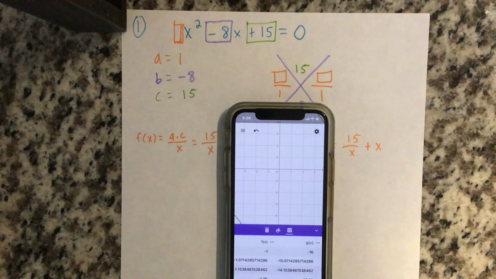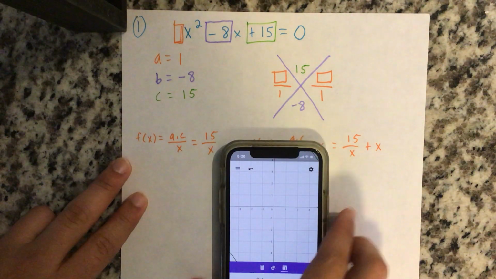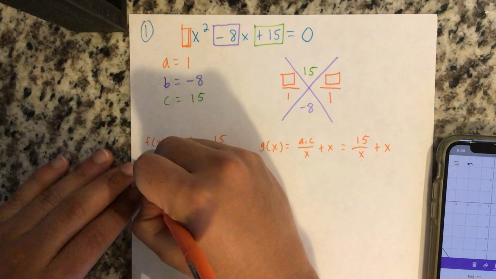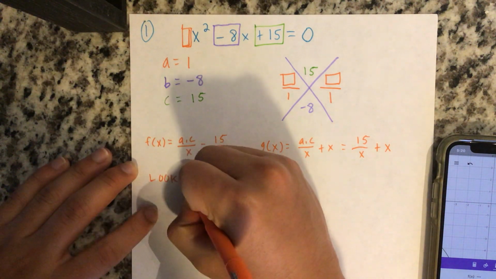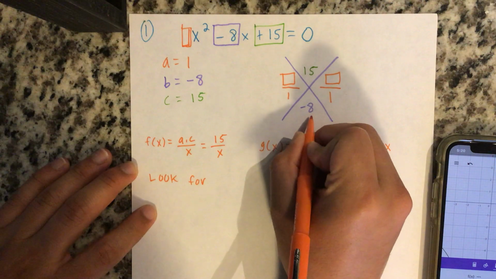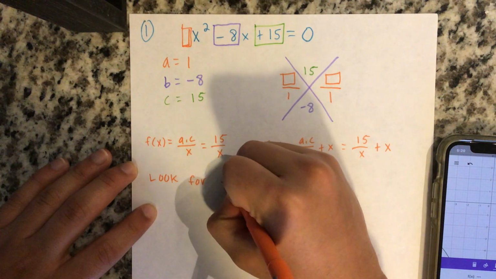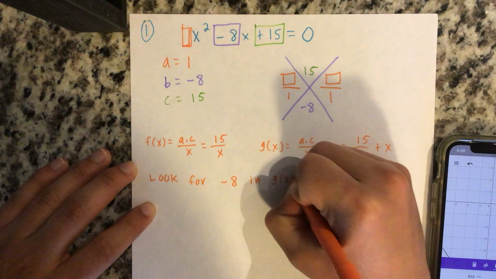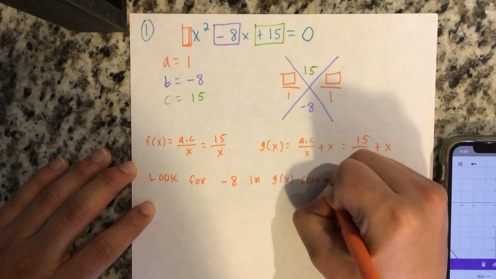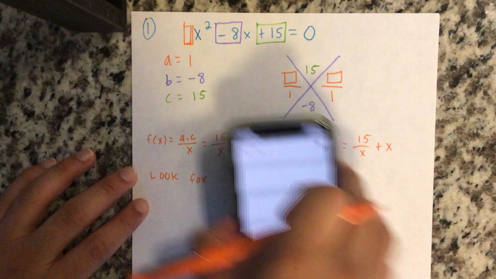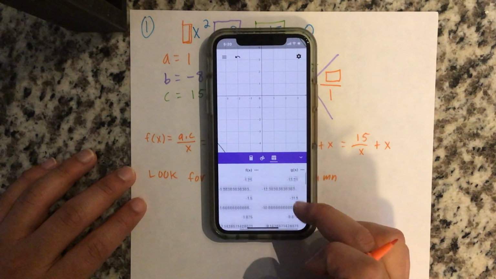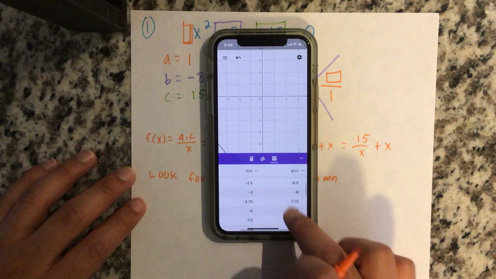So now, hopefully you kind of remember, I need to look for, so let me write that down. So I need to look for my b value, which is -8. So I need to look for -8 in the g of x column, okay? So let's do that. So I'll go to my g of x. I'm looking for -8, and there it is, right?